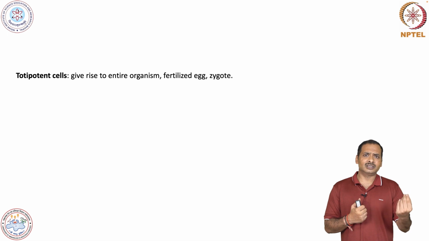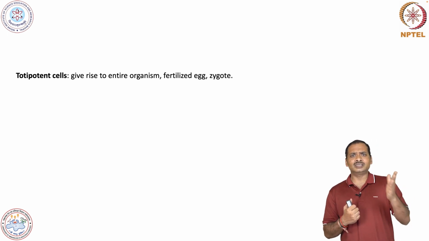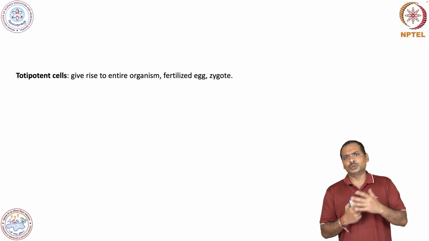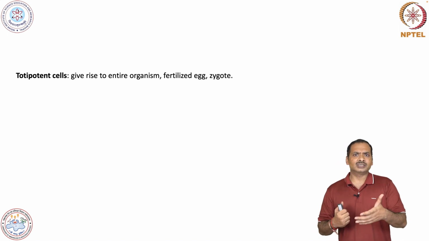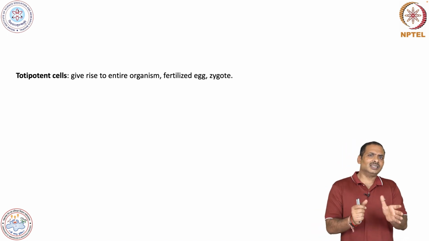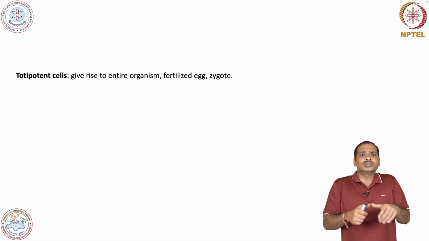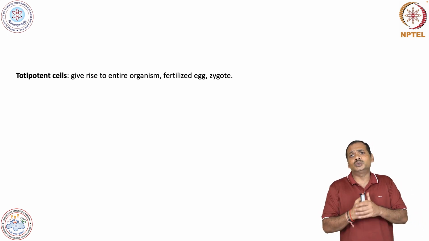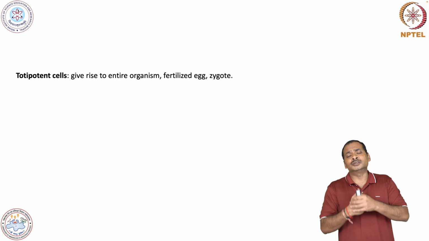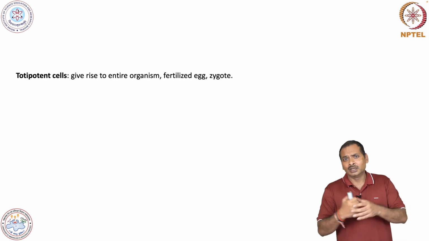This single cell will first become a zygote, and then it will divide into a 2 cell stage, 4 cell stage, 8 cell stage. At that stage, if you isolate the cells, these cells have the potential to make a whole organism.